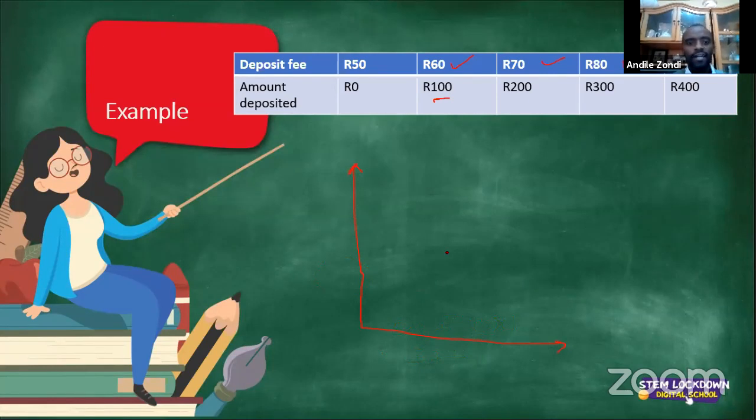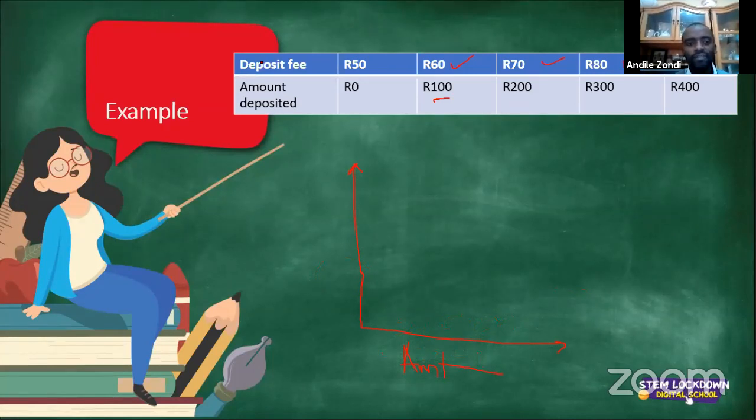Now, Lenas, tell me which variable between amount deposited or deposit fee will go on your x-axis? If you said amount deposited, correct. Why is the amount deposited going on your x-axis?